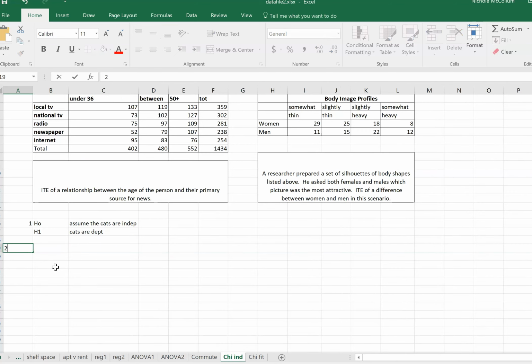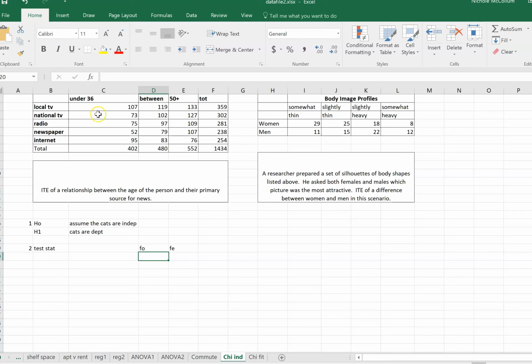Step two, you need your test statistic. So what is our test statistic? Our test statistic is based off of two numbers, F0 and FE. What is F0? F0 are your observed values.